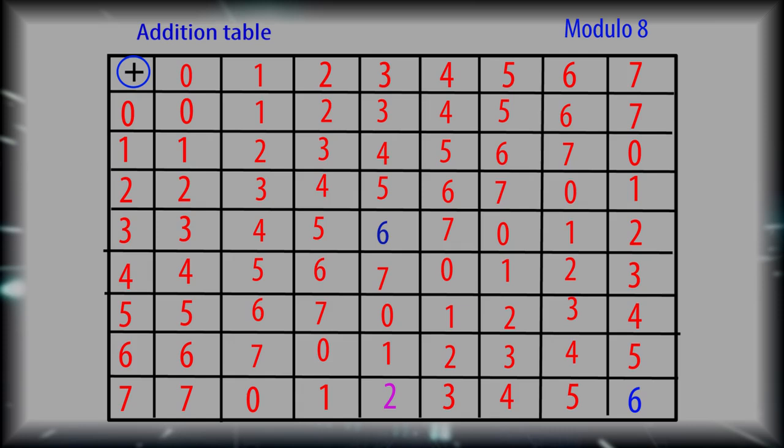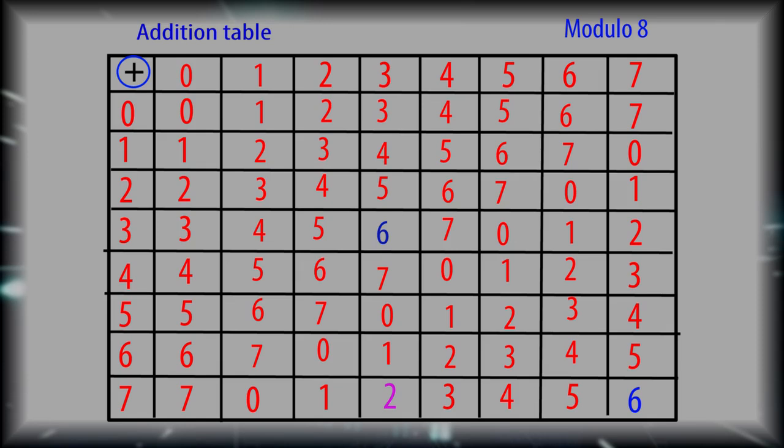Or a number plus itself should be equal to 6. So you go to the addition table, and then you check each number plus itself. So check with 0 plus 0. Check 1 plus 1, 2 plus 2, 3 plus 3, all through the table.